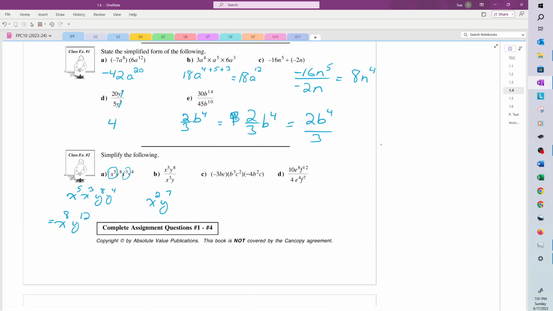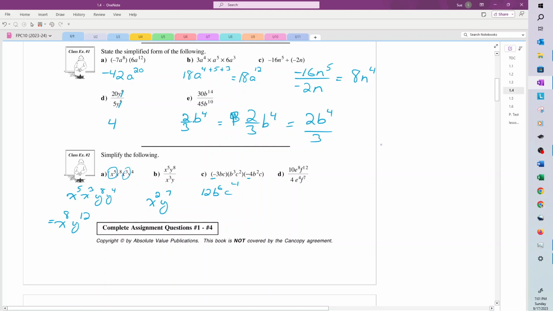This might be one that you want to write out. I don't feel like it today, so I'm not going to, but my -3 times -4 is 12. And then I've got b to the 1, 2, 3, 4, 5, 6, and c to the 1, 2, 3, 4.